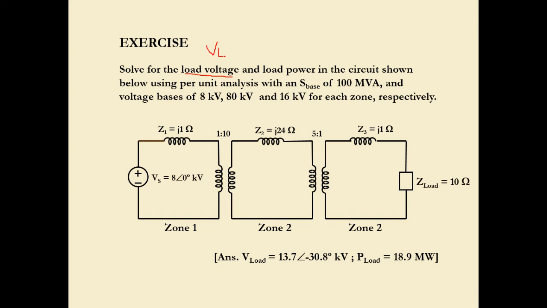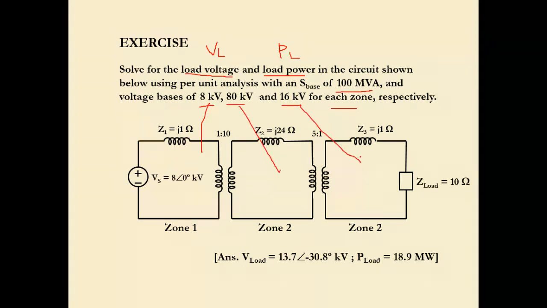You need to calculate the load voltage VL and the load power PL in the circuit shown below using the PU analysis with an S base of 100 MVA, megavolt ampere, and voltage bases of 8 kV, 20 kV and 16 kV for each zone: zone number 1, zone number 2, and zone number 3.